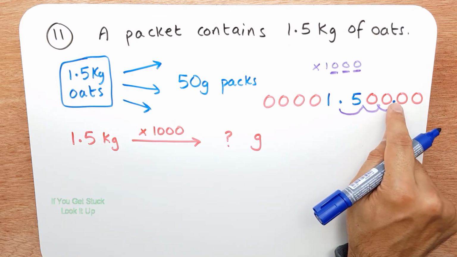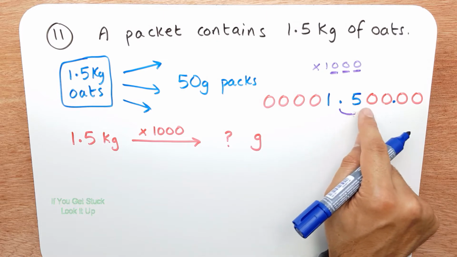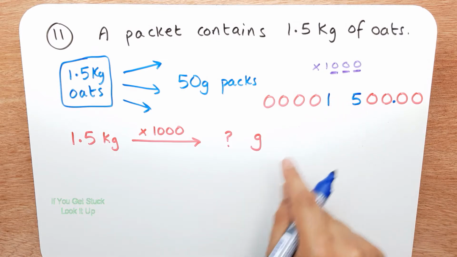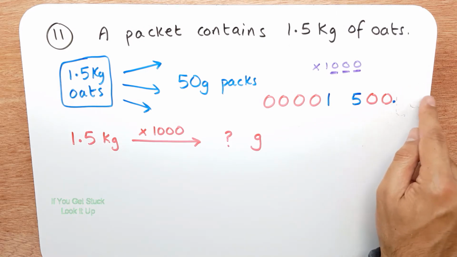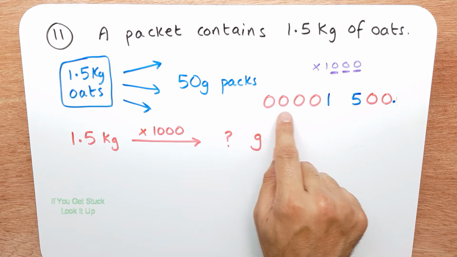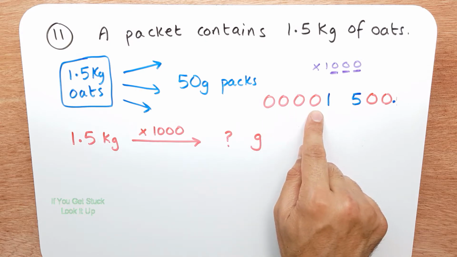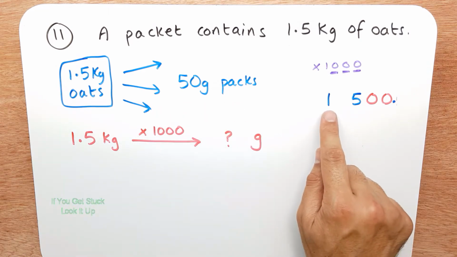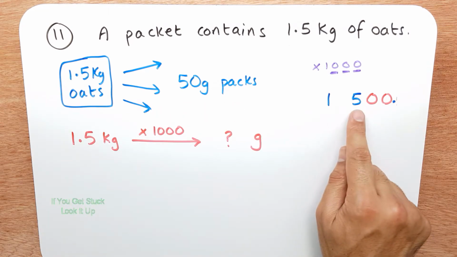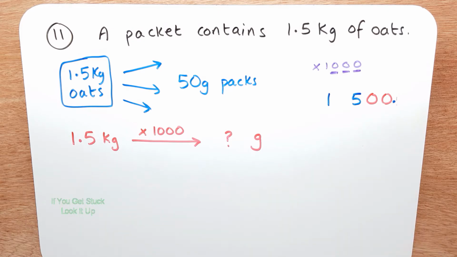I can now rub out this decimal point. And again, these zeros that I put here, I can rub those out. So what I have now is 1500.